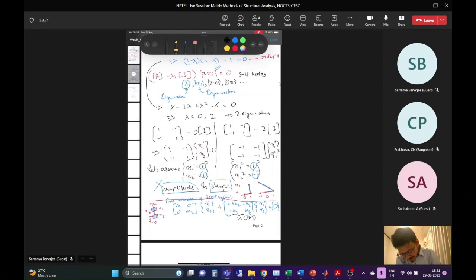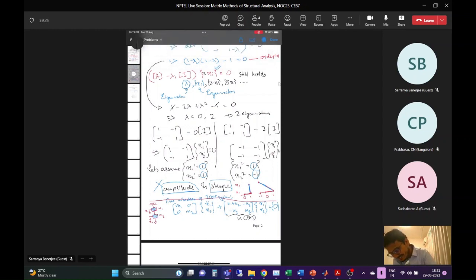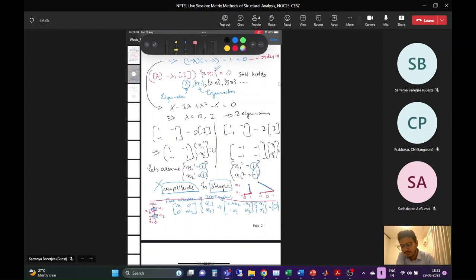Still, I think we need to do some steps before we can tell that this is an eigenvalue problem.